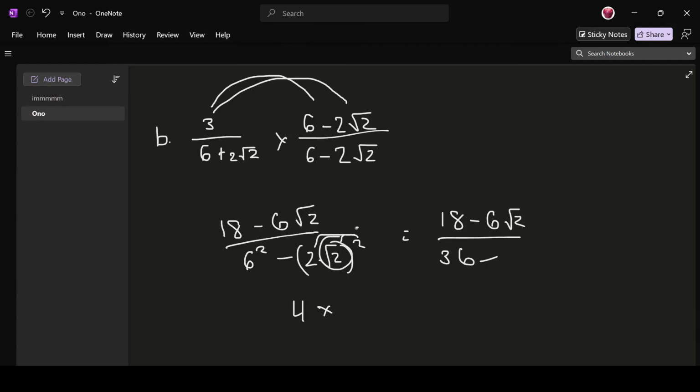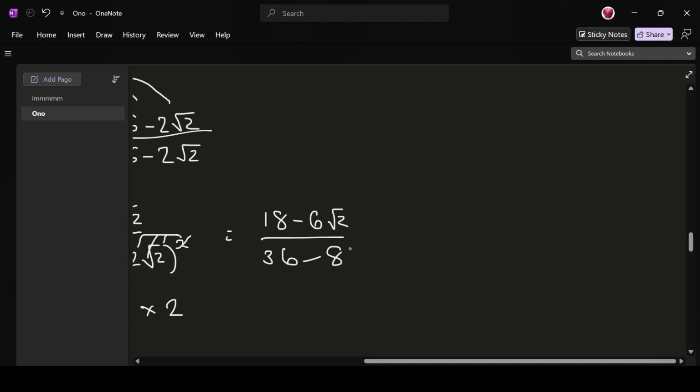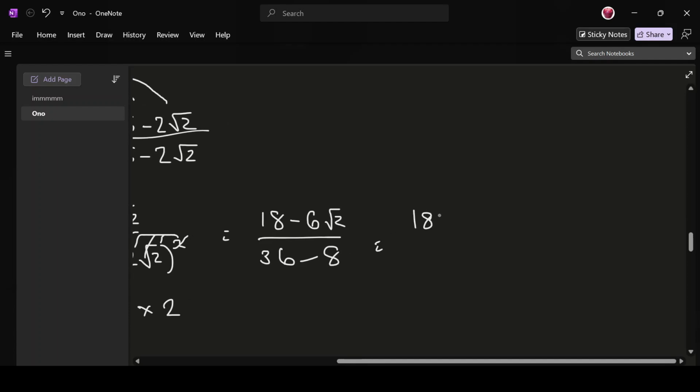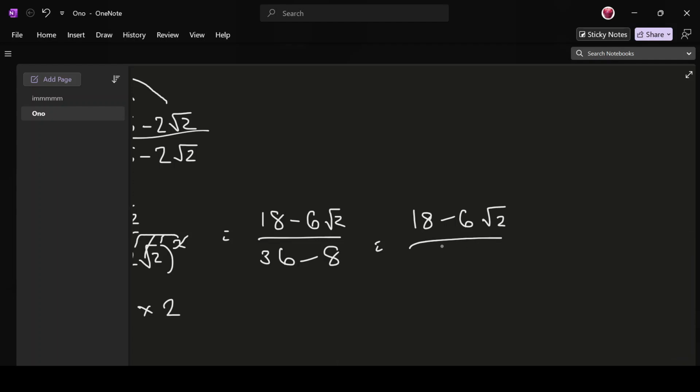And the square root of 2 squared, the square root and the square cancel out, so we're just left with 2. 4 times 2, that is 8. And we're almost done. We copy the top number, 18 minus 6 square root of 2, over 36 minus 8, that is 28. But we're not done yet.